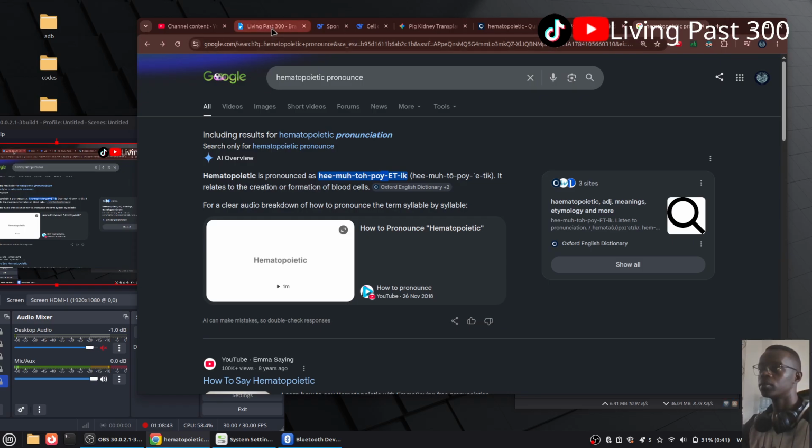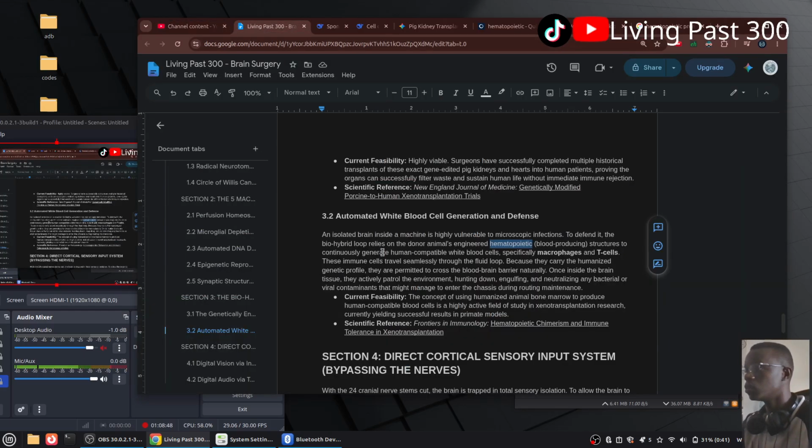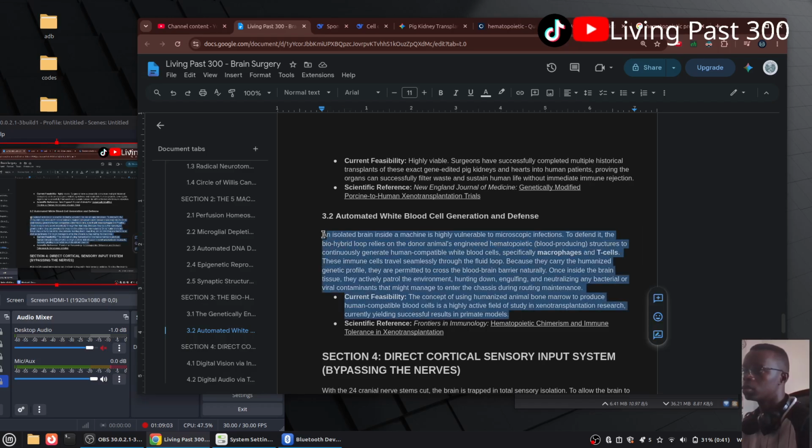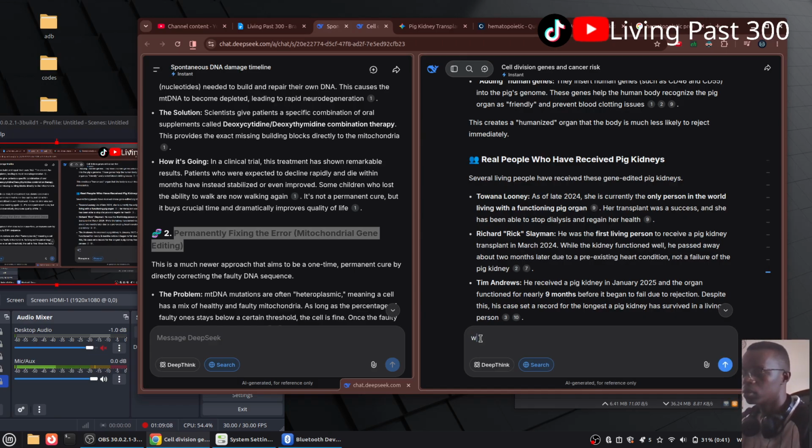Okay. So basically, we will need to continually make these macrophages and T cells. But I wonder, the ones that we already have, are they dying off? What do they mean by primate models, though?